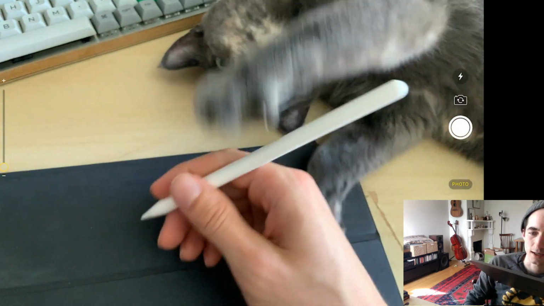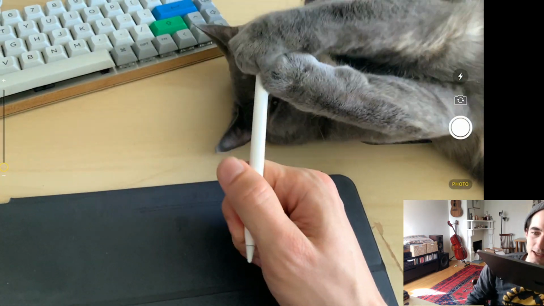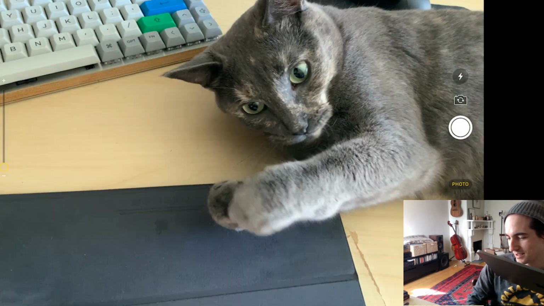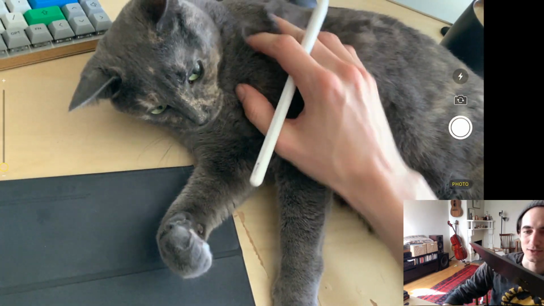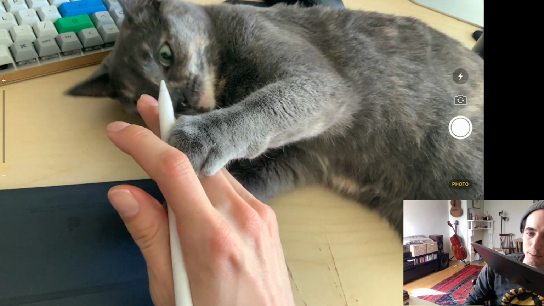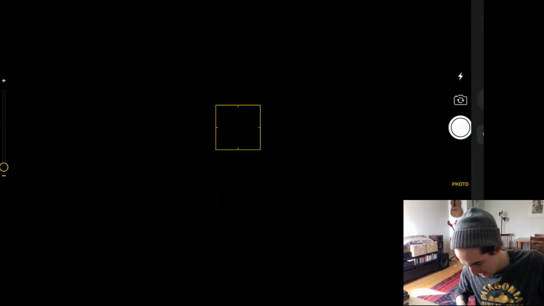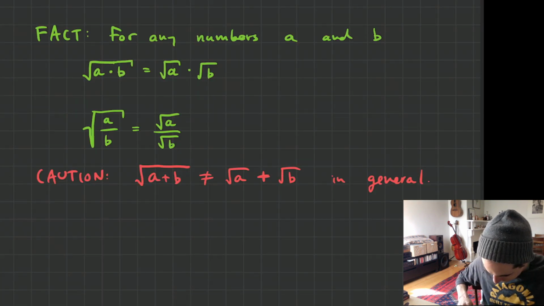When I'm writing, this is what she does. Then she thinks I'm playing a game with her, but really I'm trying to draw. But it's a very fun game, and she's really good at it. She's very experienced. She has lots of practice playing the pencil game. Right, Goose? Okay, how do I get back here? Okay, there we go.